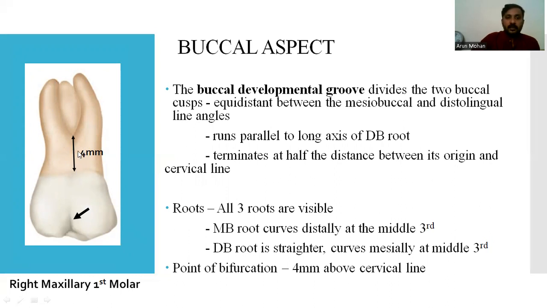The point of bifurcation into the buccal roots is about 4 millimeters above the cervical line.